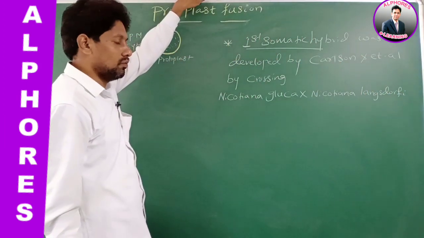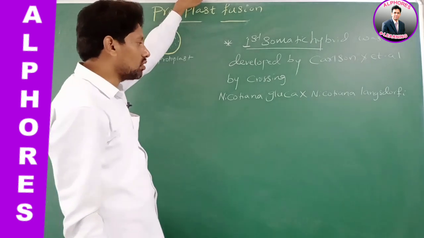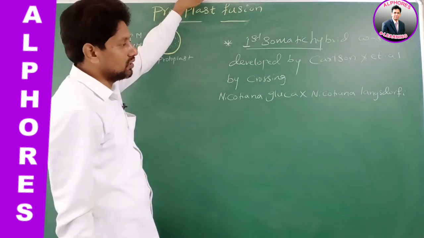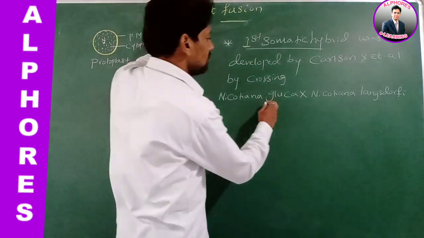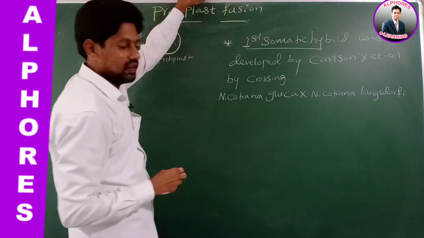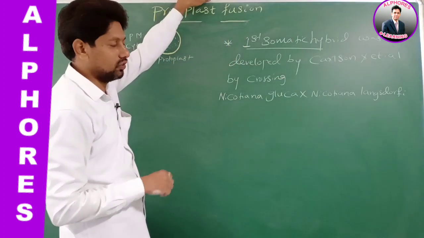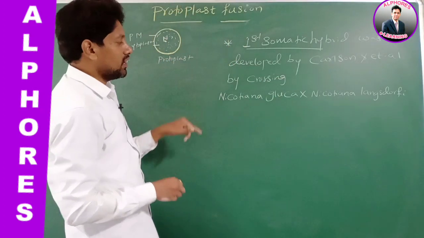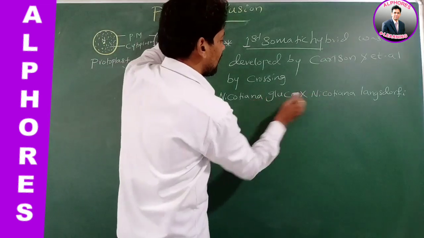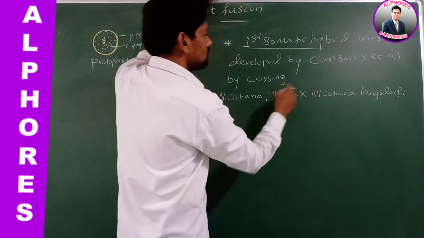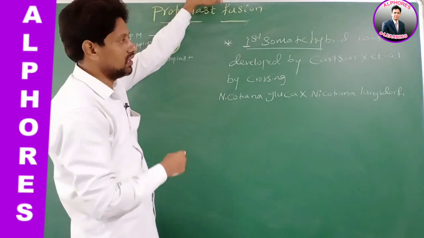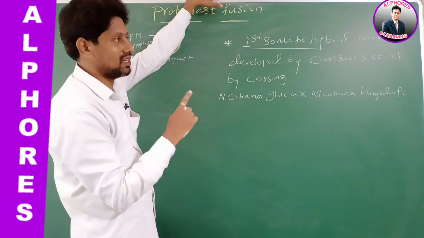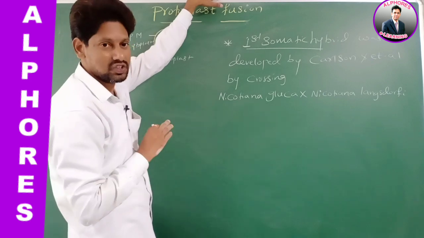What is the botanical name of the two plants? Nicotiana glauca and Nicotiana langsdorffii. These two are species of tobacco. When these two are crossed with one another, the first somatic hybrid was developed by Carlson and his colleagues.